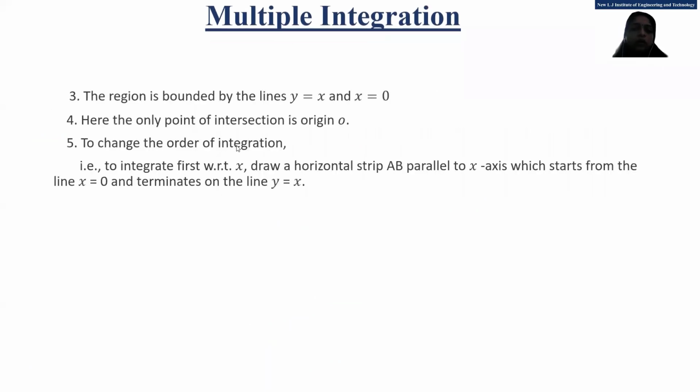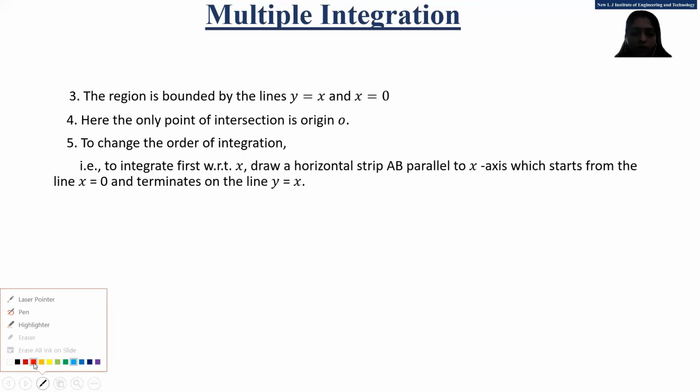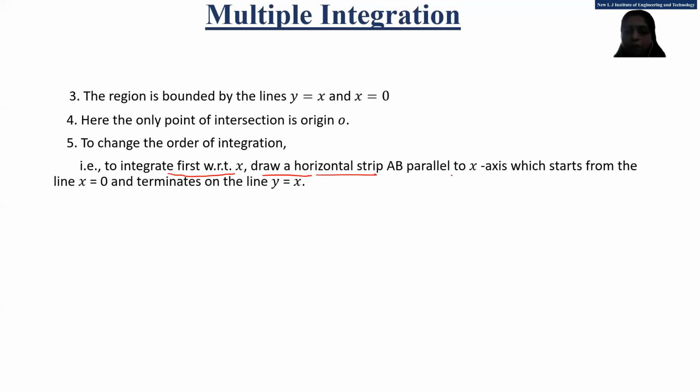So, as they ask, to change the order of the integration, to integrate first with respect to x, draw a horizontal strip parallel to the x-axis, which starts from the line x equals 0 and terminates on the line y equals x. Okay, so let's draw again for better understanding.